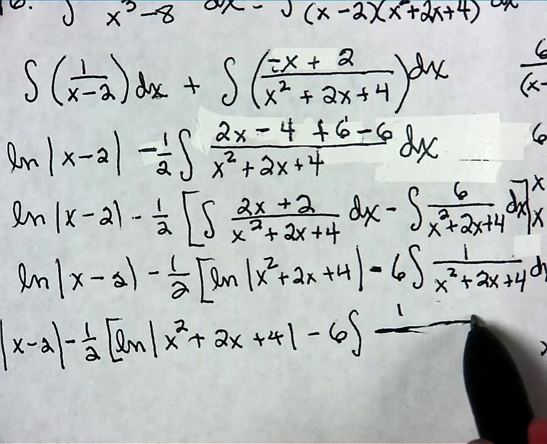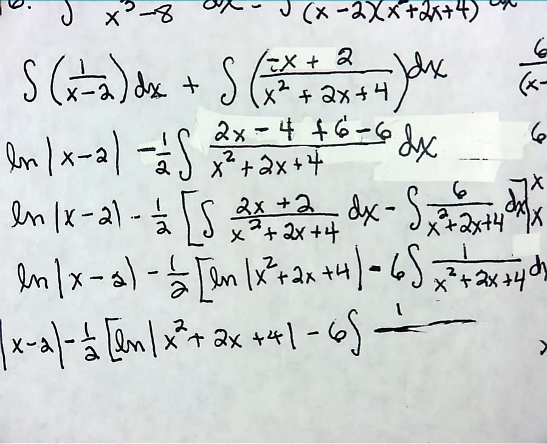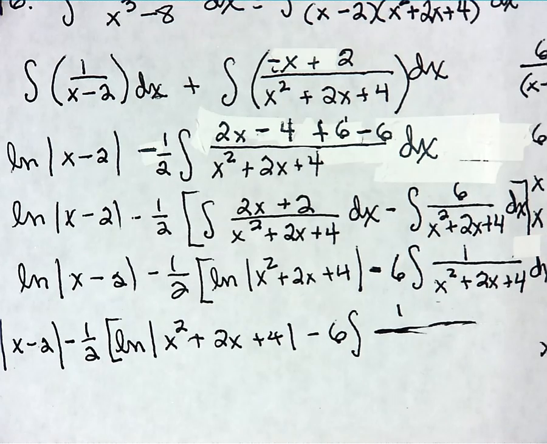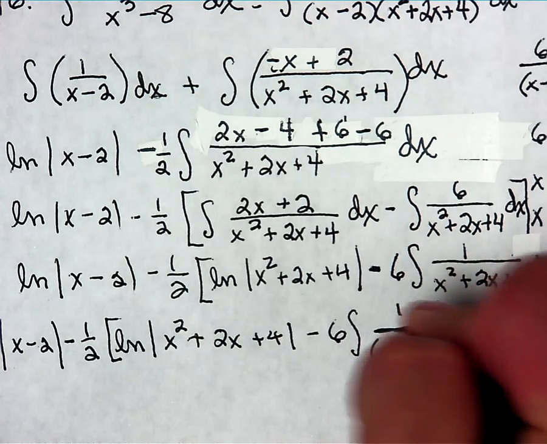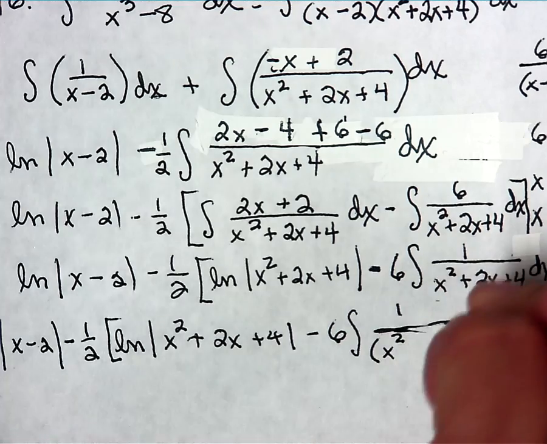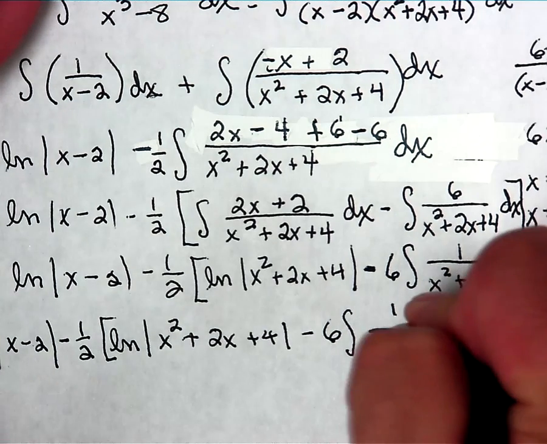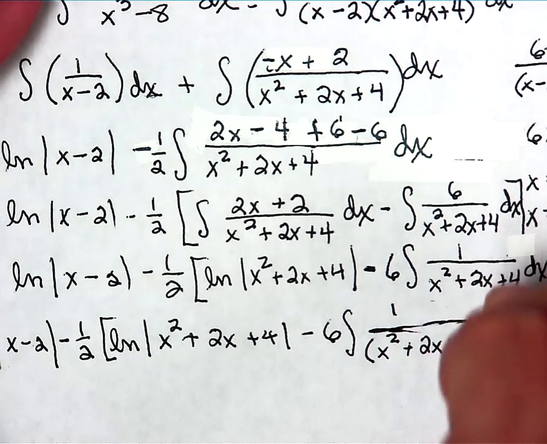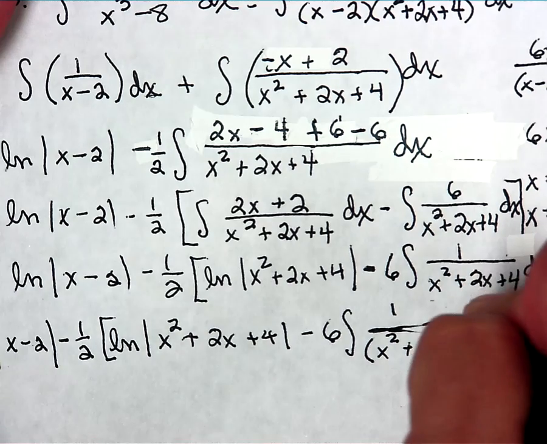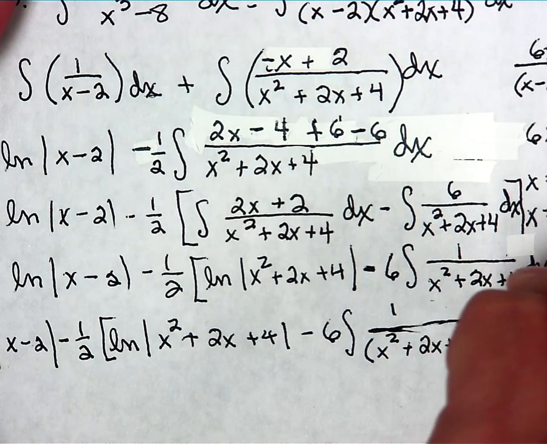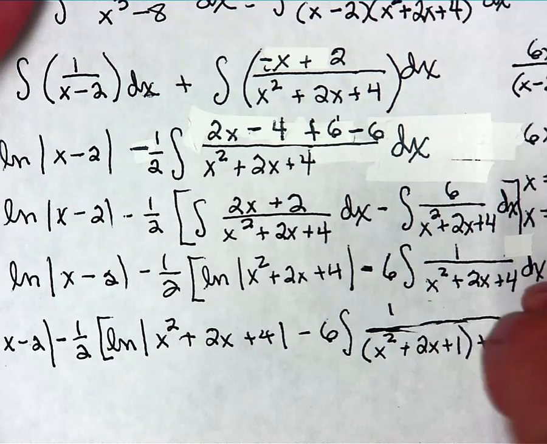Yeah, half of 2 is 1. 1 squared is 1. I could add 1 and subtract 1, or I can just call it splitting the 4. I can split the 4 into x squared plus 2x plus 1 plus 3 dx.